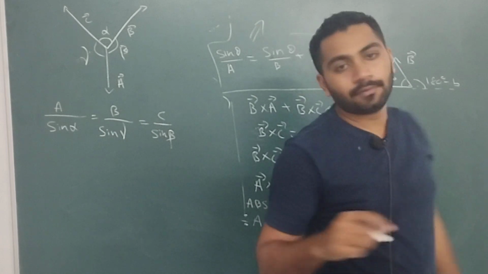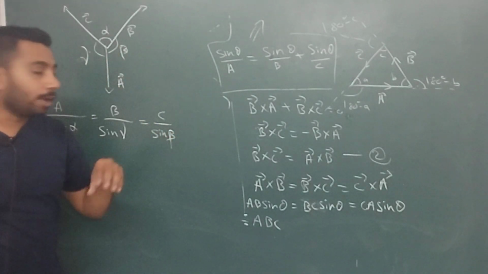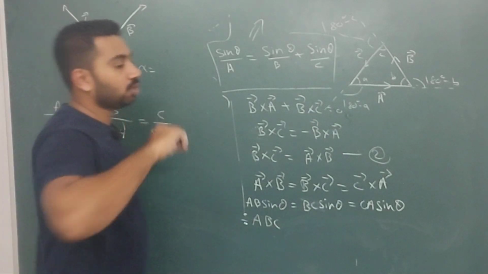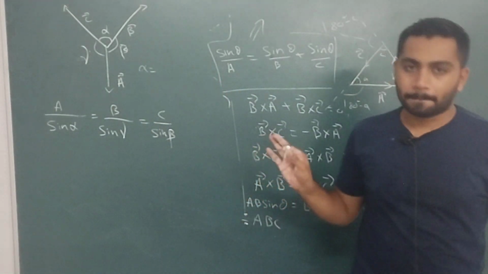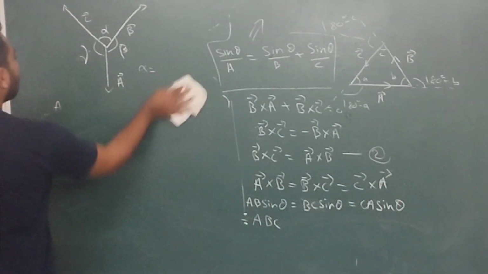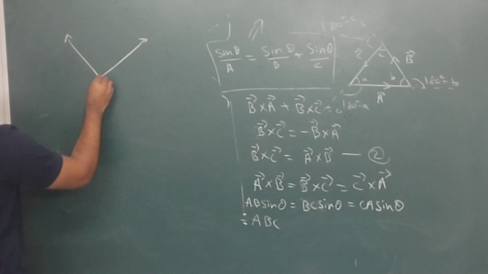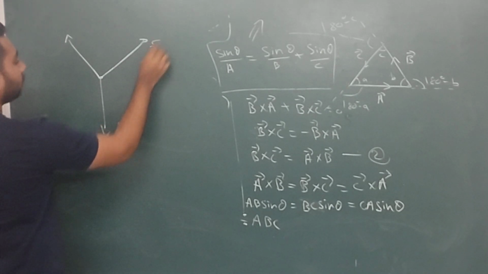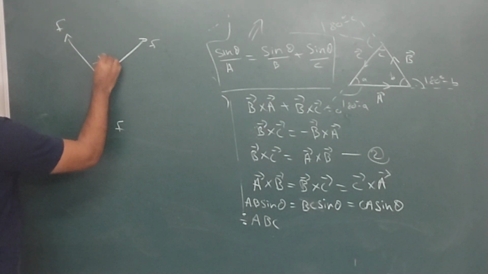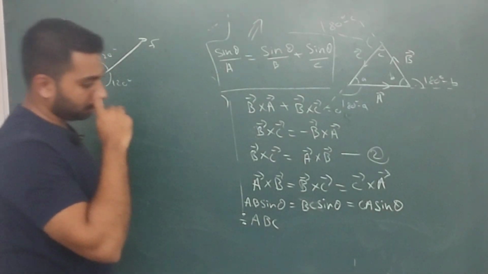Fine. And one more thing, when three forces act at a point with angle 120 degrees between them, then the resultant will be 0. See, I will tell you how. Suppose it is a point, and imagine force f and force f acting at 120 degrees, both are f.